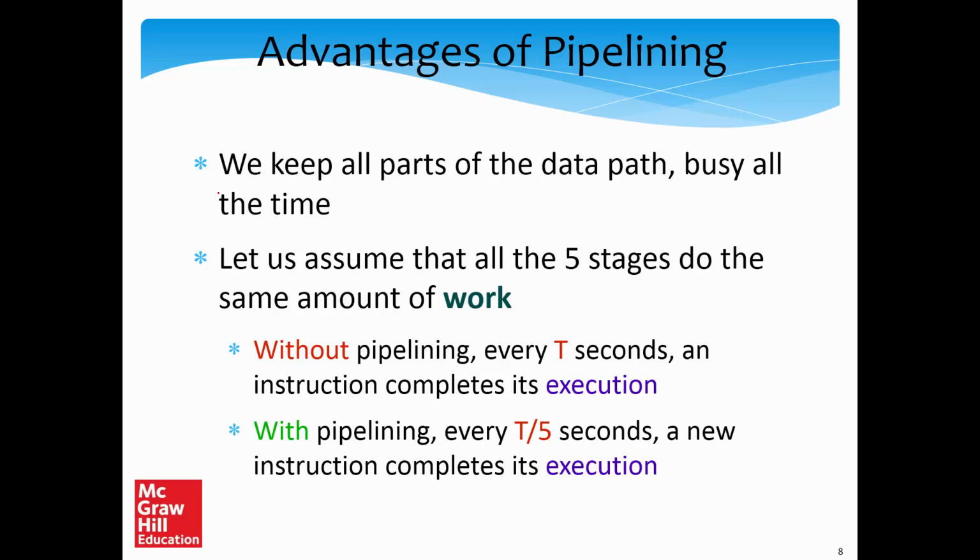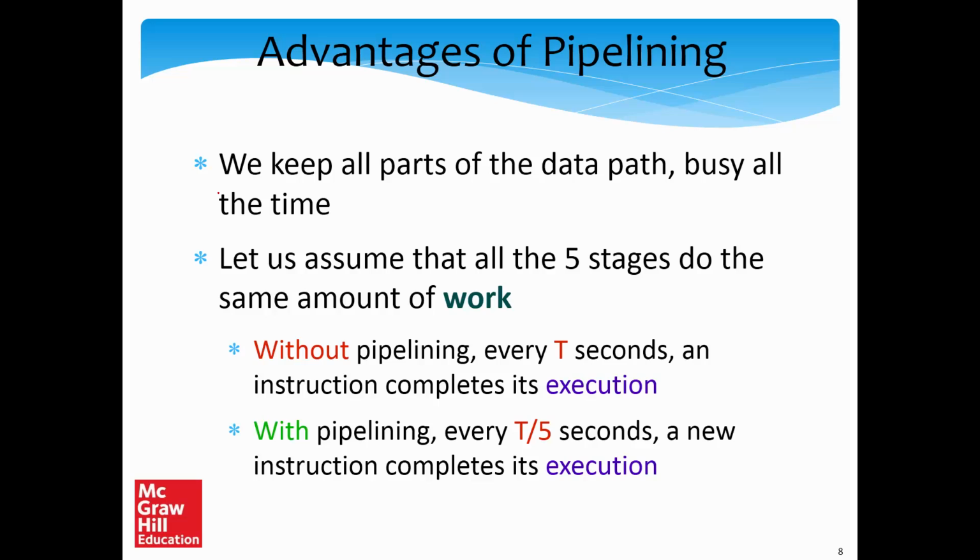The idea sounds simple, but the question is, where is the advantage? We'll have a much deeper discussion on the advantages of pipelining towards the end of the chapter, but let's at least get an initial preliminary idea. Let us assume, and this is a simplistic assumption that is regularly made, that all the 5 stages do the same amount of work.